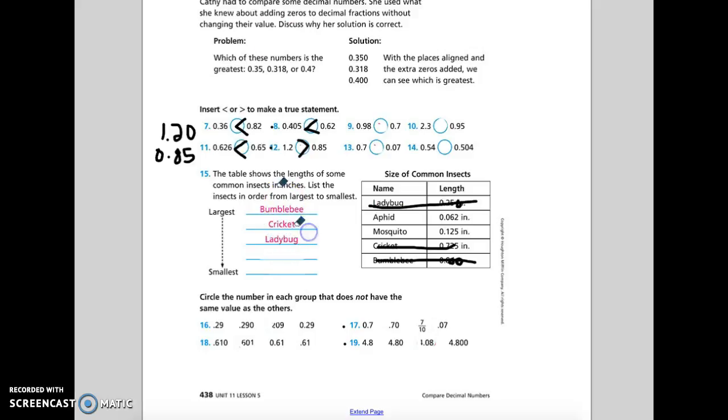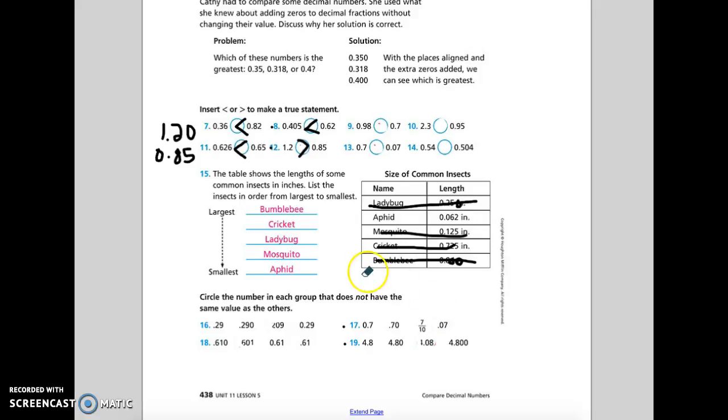And then keep going. And between these two, we got a 0 and a 1. Well, the mosquito is going to be the next biggest, and then the aphid, because it's at 0 in the tenths spot. So you can see how when they're all lined up like that, it's really easy to put all those decimals in order. And you look at that originally thinking, oh, that's going to be really hard. But again, if you've lined them all up, it makes it a lot easier.